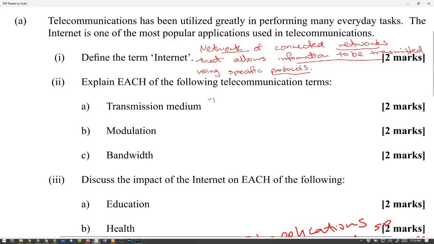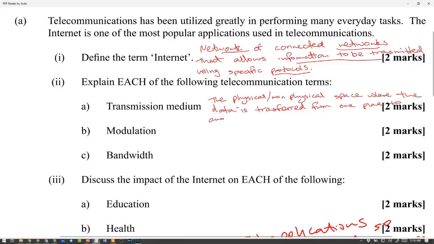This is a physical / non-physical space where the data is transferred from one place to another. Example, copper wire.